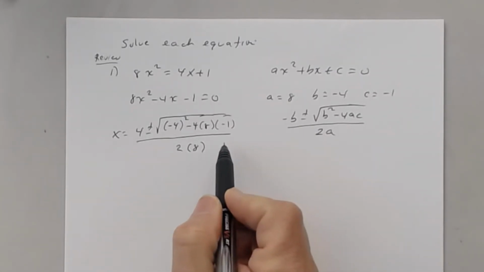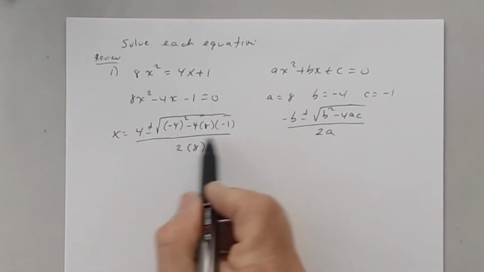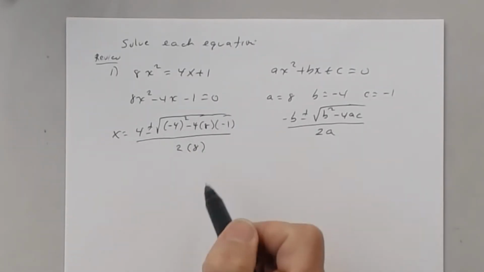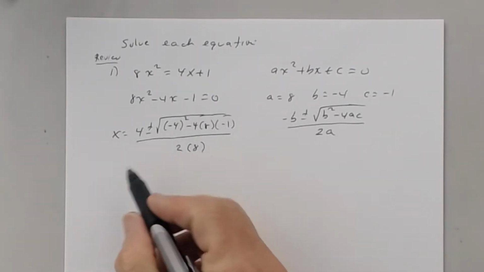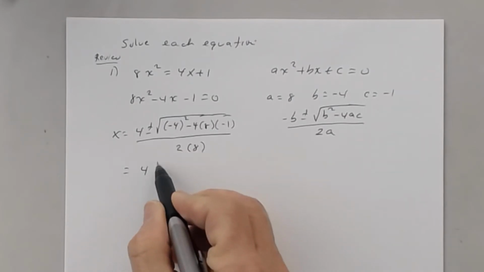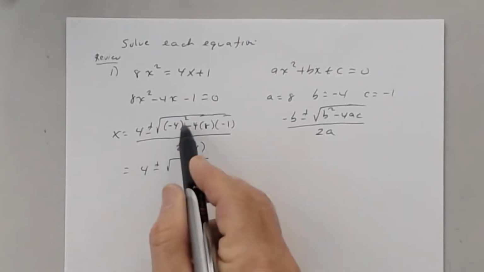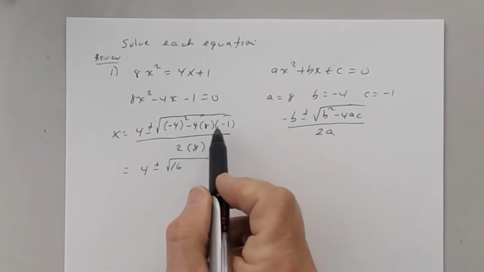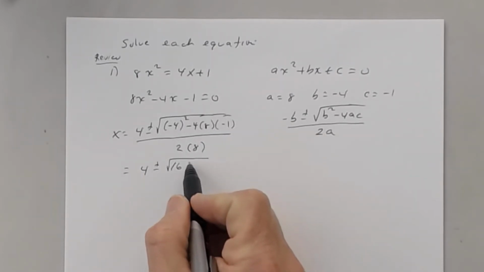Make sure when you extend the division symbol, you go from 4 all the way to the end of that square root symbol. Now let's simplify. I get 4 plus or minus the square root of negative 4 squared, 16, minus what's negative 4 times 8 times negative 1? No, it's not negative 32.